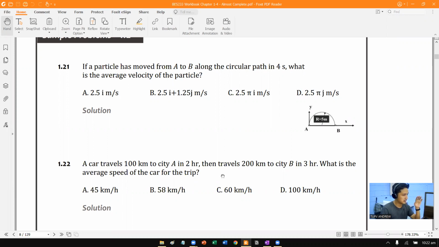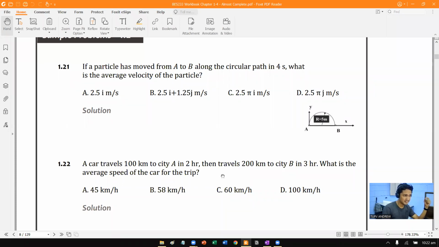By elimination, letter B is wrong because it has x and y components, i and j. The direction of the average velocity comes from the numerator, delta x, since time is a scalar. So delta x is to the right, with no up or down, from A to B.